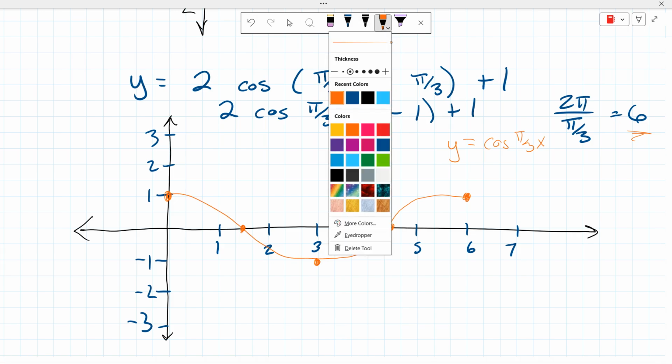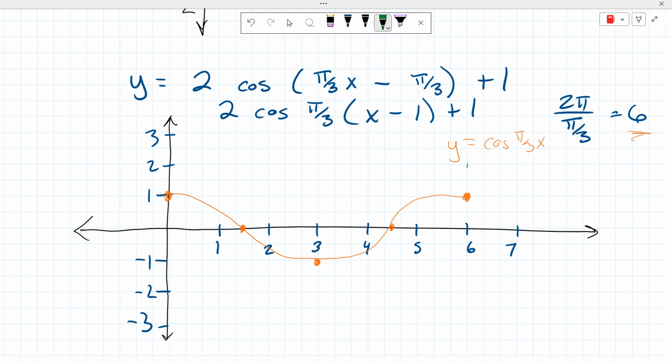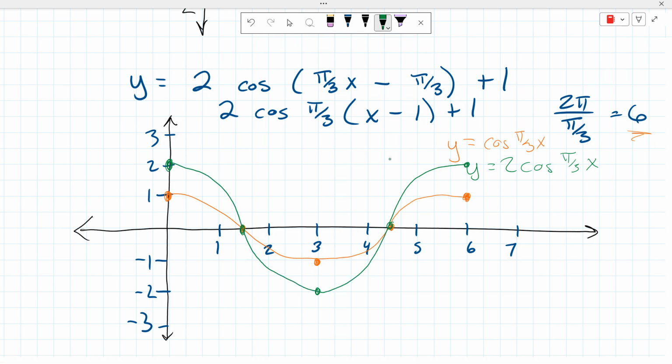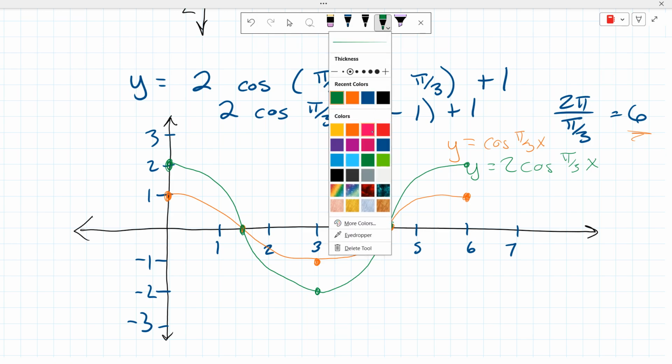Then the next one I'm going to graph is 2 cosine of pi over 3x. So that means I'm twice as high and twice as low. And then I'm going to subtract 1 from there.